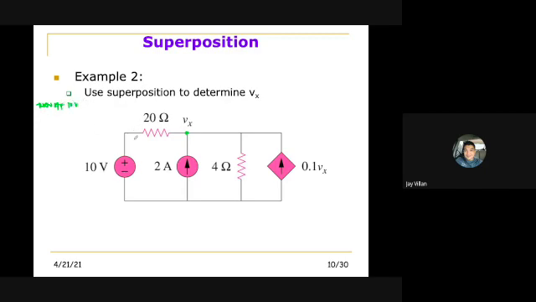So if you turn off 10 volt, then therefore this will be represented by a short circuit, right? Or open circuit? Short circuit. Okay? So what do we do?